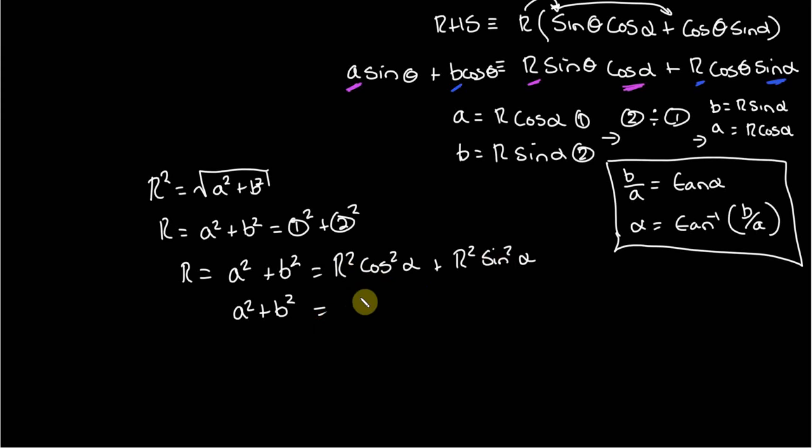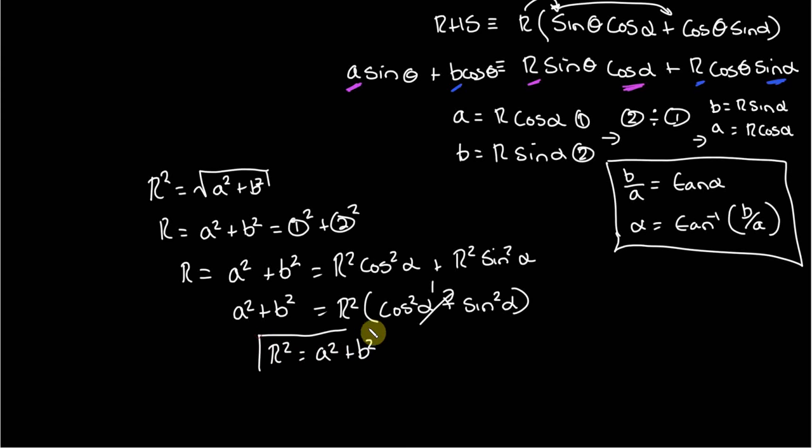We've got a common factor, we can factor out the r squared. That leaves us with cos squared alpha plus sine squared alpha, and of course it's just a basic Pythagorean identity, which is equal to 1, so we get r squared equals a squared plus b squared, or in other words, you could take the square root of both sides and you would get your value for r.